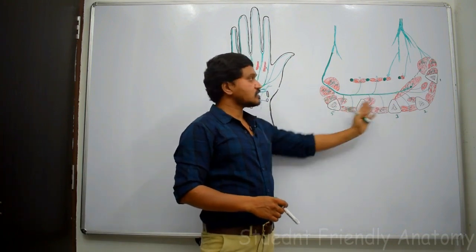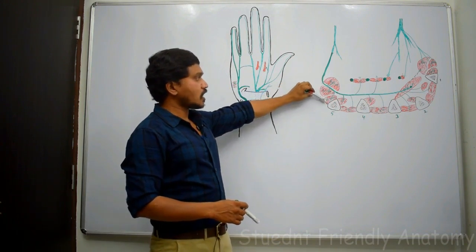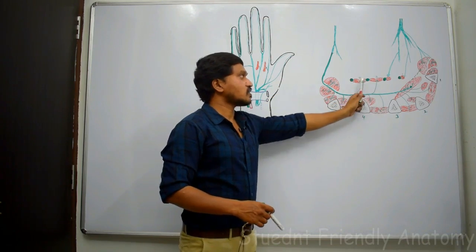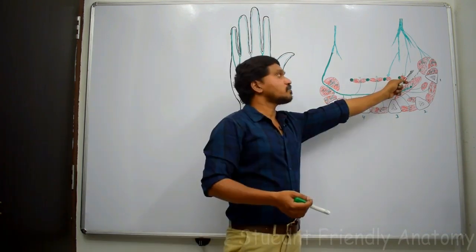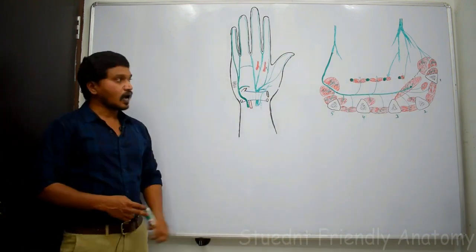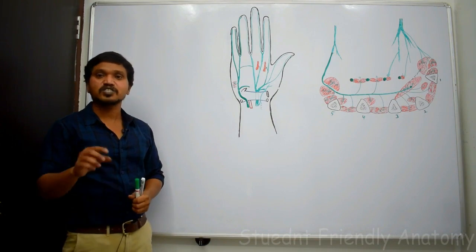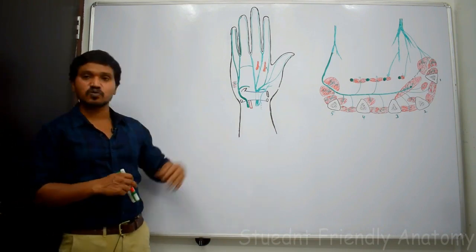Within its course, it supplies the flexor digiti minimi, abductor digiti minimi, opponens digiti minimi, all palmar and dorsal interossei, third and fourth lumbricals and adductor pollicis, and occasionally the deep head of flexor pollicis brevis. Along with these muscles, the deep branch supplies the wrist joint also, that means articular branches to the wrist joint. So this is the course of the ulnar nerve.